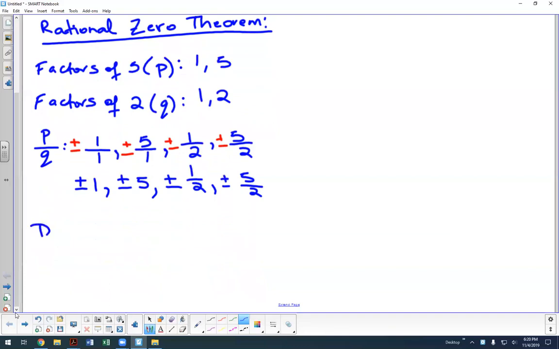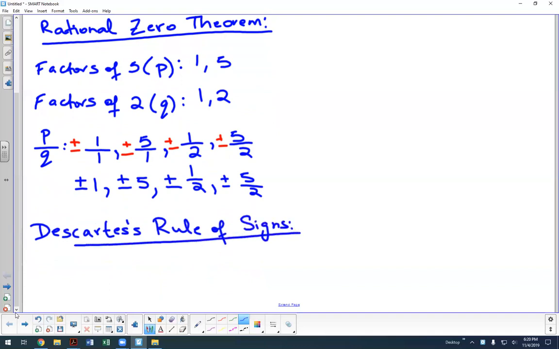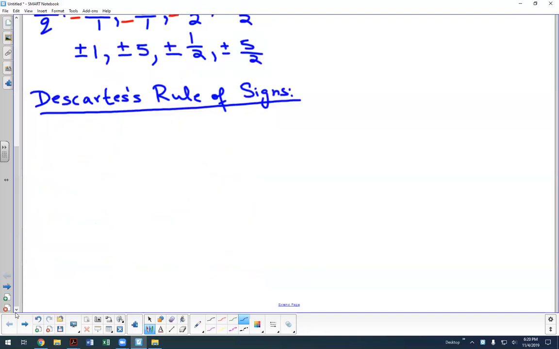So this will tell us how many positives and negatives and imaginary numbers we should have. So Descartes' rule of signs. So this is where we take our polynomial and look for variation of signs. So that's going to be 2x to the third minus 5x squared minus 8x plus 5.